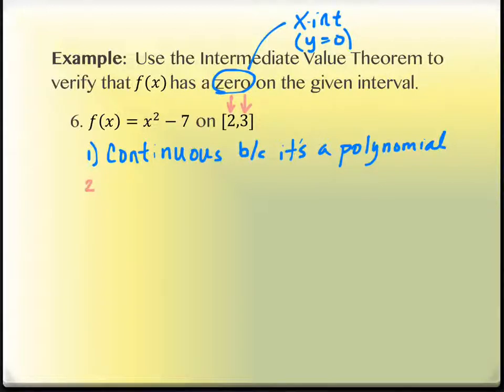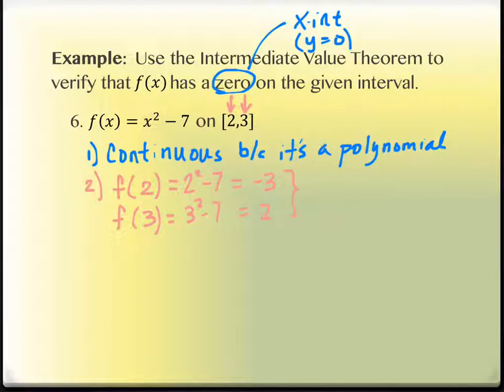In particular, I need to figure out what f of a, or f of 2, is, and what f of b, which is f of 3, is. So what is f of 2 in this function? It's 2 squared minus 7, which is negative 3. And what is f of 3? This is 3 squared minus 7, or 2.